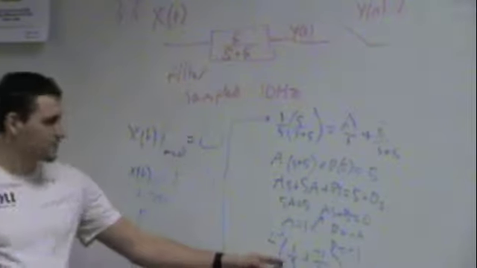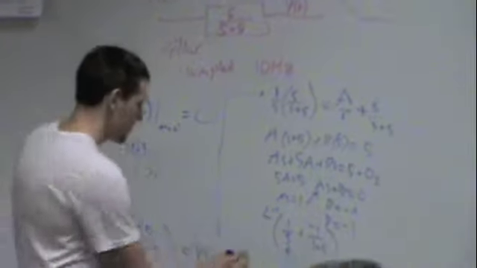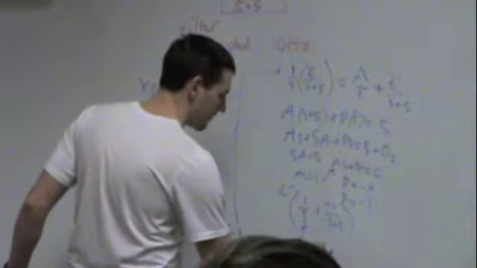What is this? U. Exactly. Yeah, step function. It's constant, which is 1, and then u of t, which we'll move to the end. So it's 1, and then the next one is minus, and this one is e to the negative 5t.